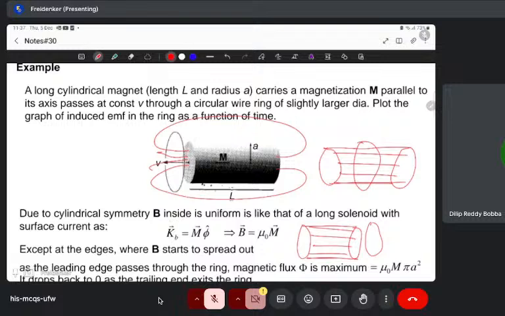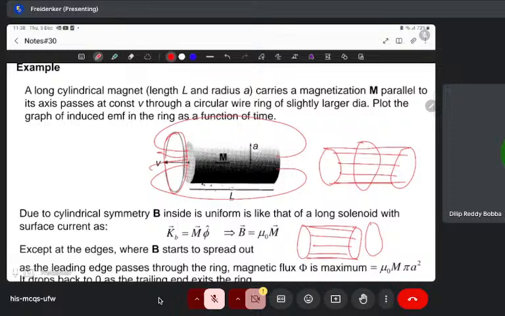So what is happening? Initially, the number of field lines passing through this area of the loop keeps increasing, and in between there will almost be no change, and at the end it decreases.